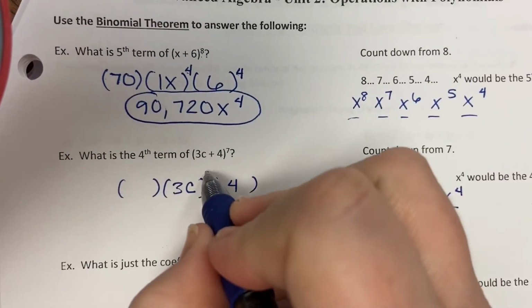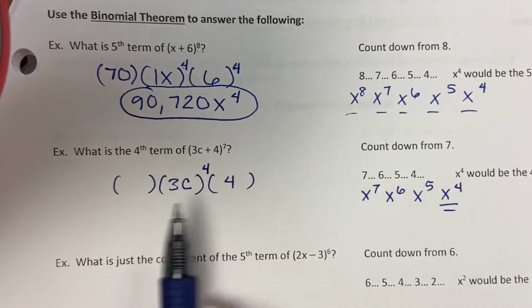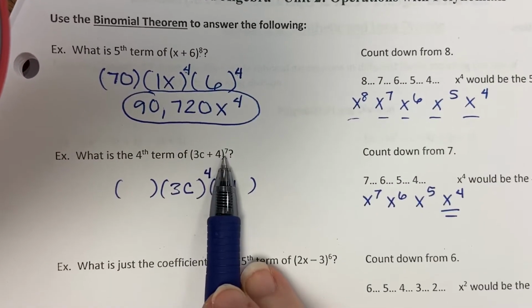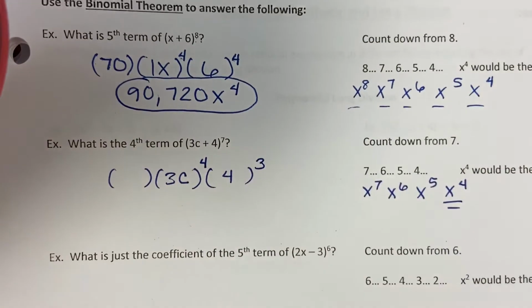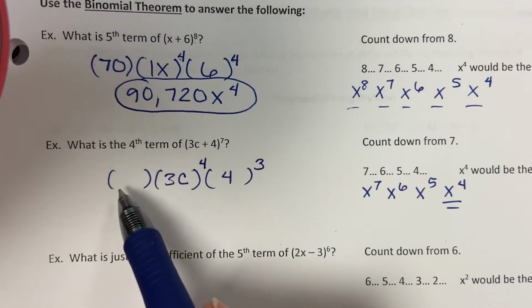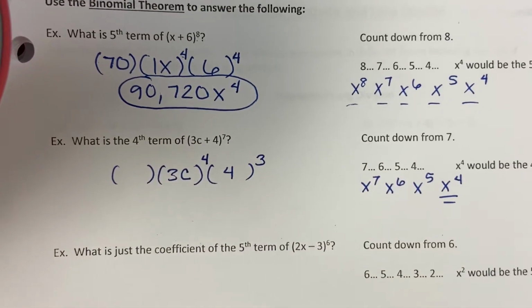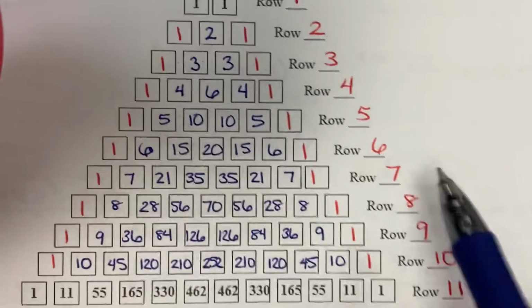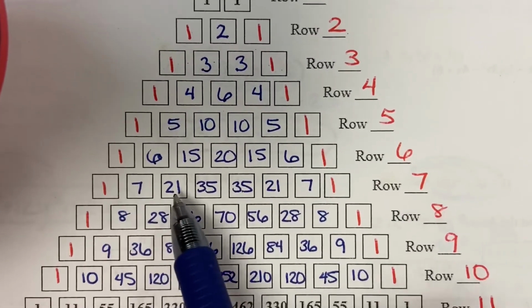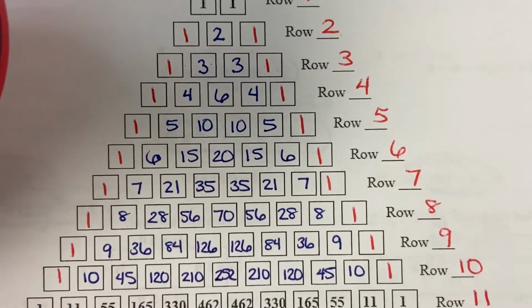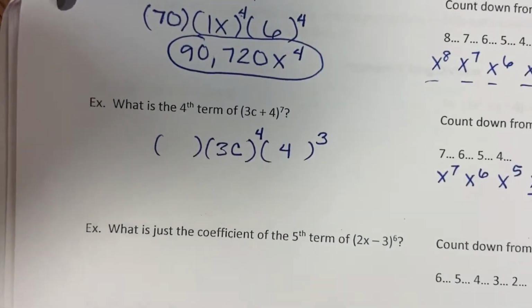So this would go to the 4th power, and then 4 plus what gives you 7? 3. Now we need our Pascal number. So this tells me go to the 7th row, and I need the 4th term. So I go to the 7th row, 1, 2, 3, 4, and it's a 35.